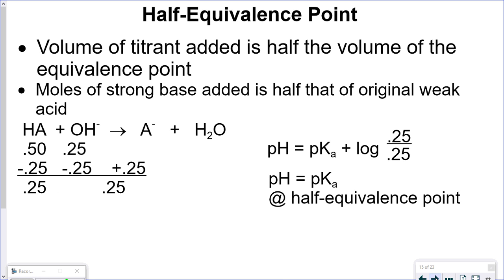So here's an example showing how it actually works. The volume of titrant added is going to be half the volume of the equivalence point, because moles of strong base added is half of the original acid. So we have equal number of moles of our parent acid and our conjugate base.